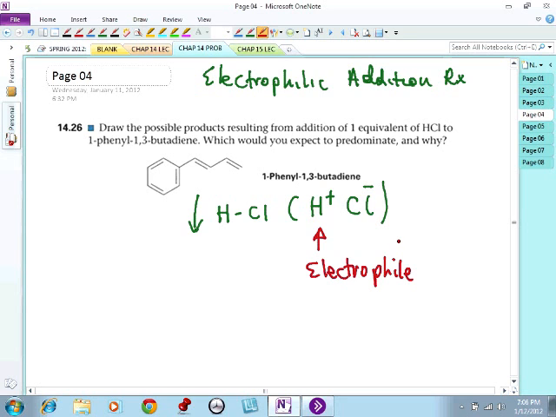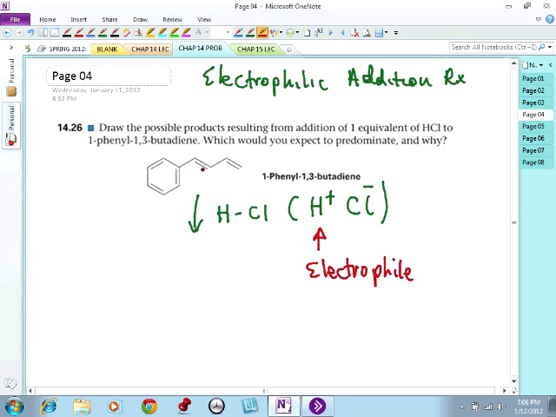Okay, so any species that is positively charged, or any carbon or any atom that could develop a positive charge, is an electrophile. So in this case, the proton or the hydrogen here will be your electrophile.